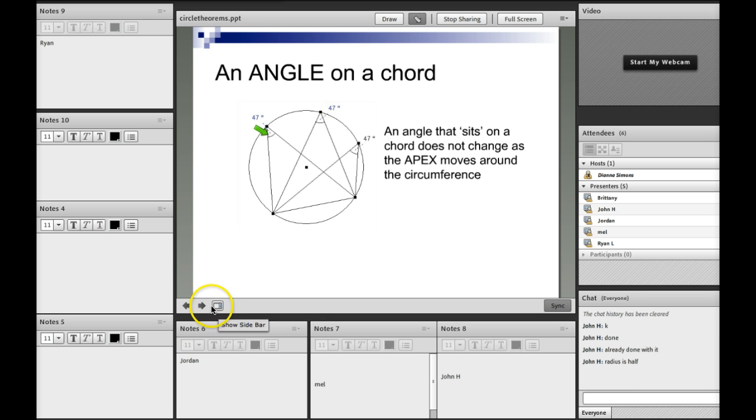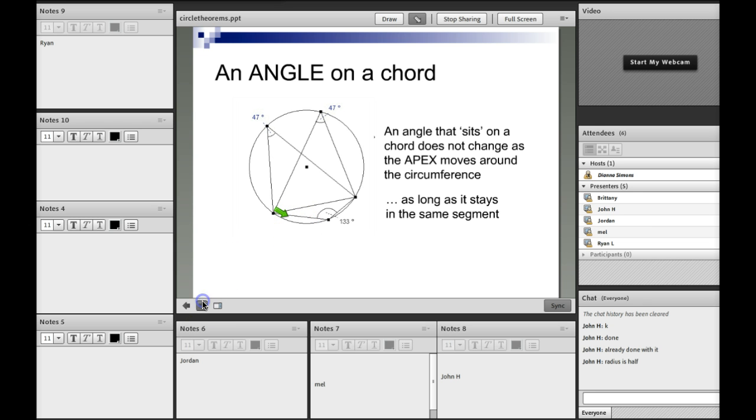So an angle that sits on a chord does not change as the apex moves around the circumference, right, Jordan? Yes. Important part about being here and saying attended is that you participate. All right, so it's got to stay right here, and it's got to be above or on the major segment. Okay, this part down here is 133. What does 133 and 47 add up to? 180.